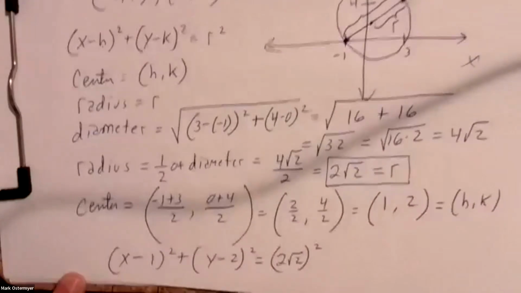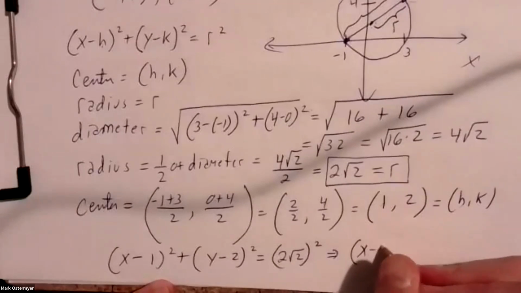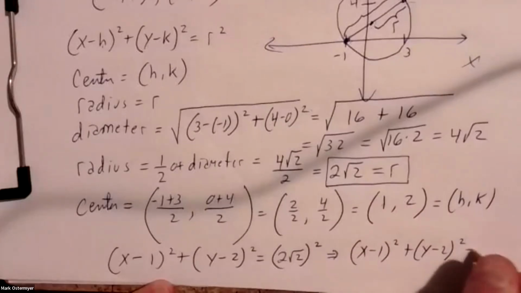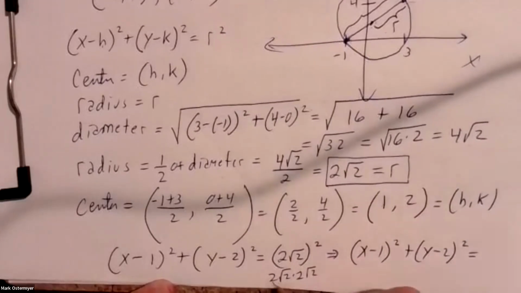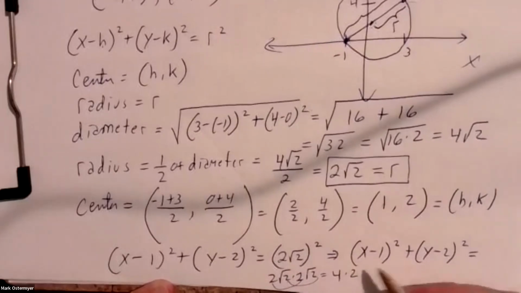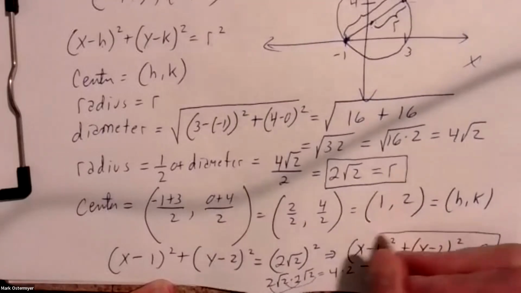This would be the equation of your circle. In simplified form, it'd be (x - 1)² + (y - 2)². And 2 root 2 times itself is going to net us 2 times 2 is 4, and root 2 times root 2 is 2. So we're going to have 4 times 2, or 8. Ladies and gentlemen, this would be the equation of that circle there.